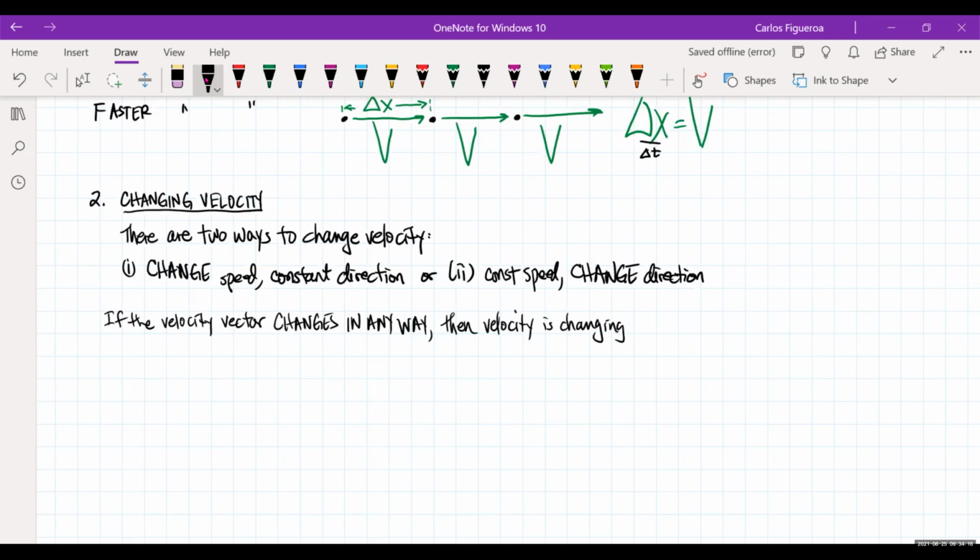So if the arrow changes in any way, now we know that we have a change in velocity. And so here we go. Let's write it out. The first case is that we're going to be talking about a change in speed while having constant direction.